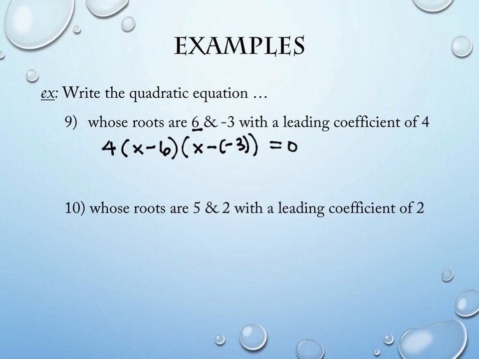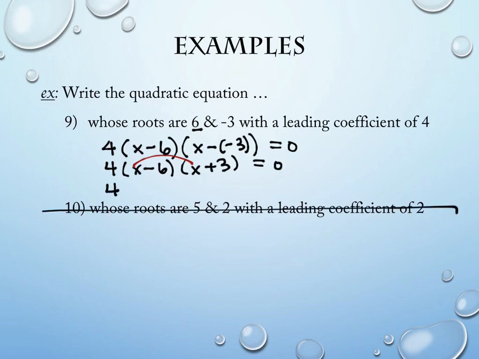I'm so sorry. All right, so as we do this, I have 4, I have x minus 6, and I have x plus 3. And I will FOIL or distribute this out. So I'm going to FOIL, which means I'll do first, which is x squared. I'm totally going to run out of space, so I'll move things in a minute. So ignore this question for the moment. We'll do it on the next slide. So here's 4 times x squared.